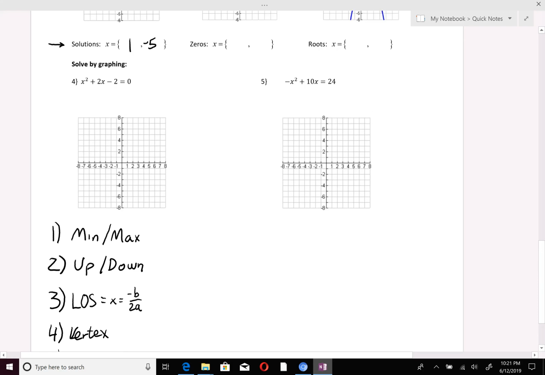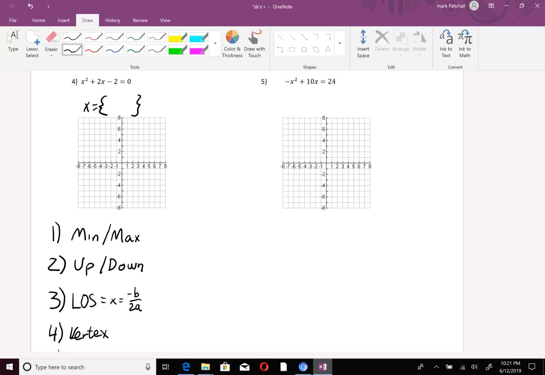And then you'll have to tell us what the x-intercepts are, so where it crosses that x-axis here.